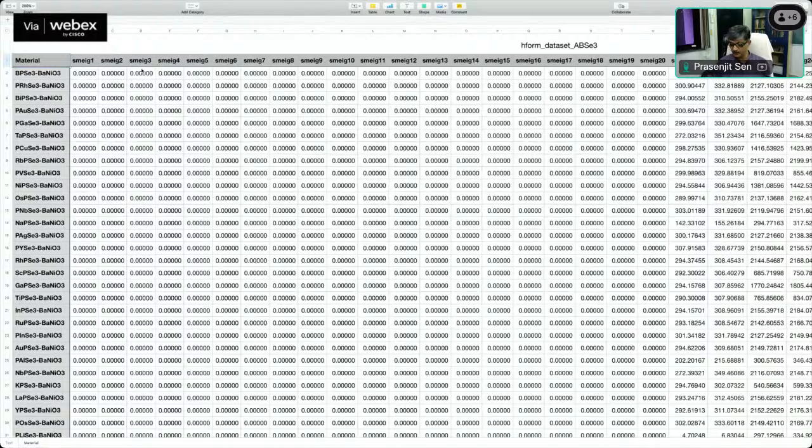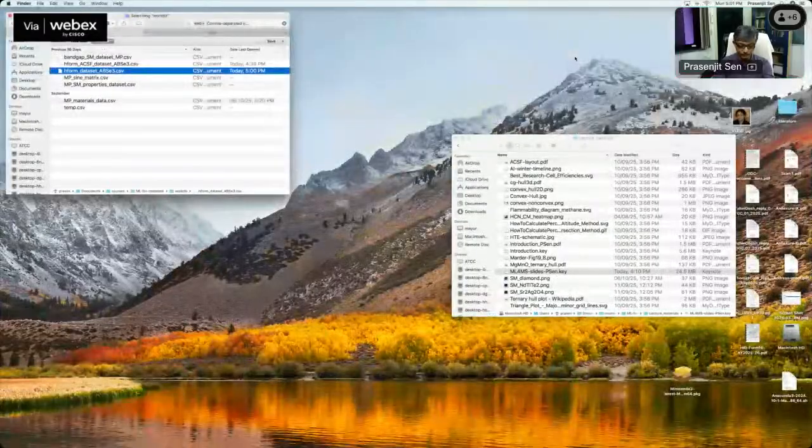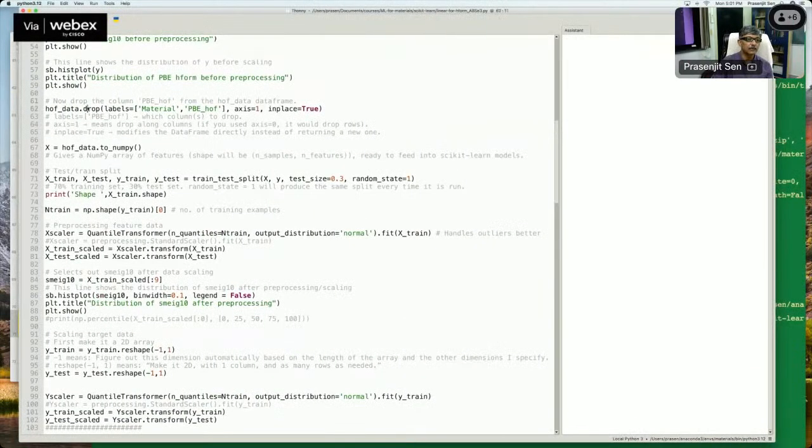These are just for our understanding, and we don't need it for any model training. And the last column is the target variable, in this case PPE heat of formation. So in this line we drop these two columns. The material, we don't need it for model training. And the heat of formation values, we have to remove those because those are not features. Those are my target values, so I cannot have them. Whatever remains are now the features, the X matrix.